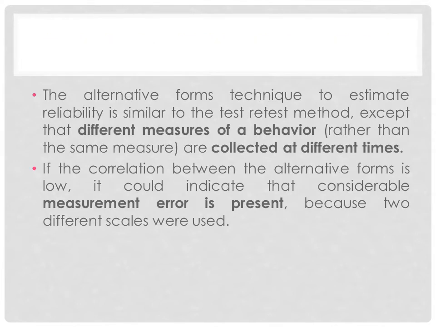The alternative forms technique to estimate reliability is similar to the test-retest method, except that different measures of a behavior, rather than the same measure, are collected at different times.